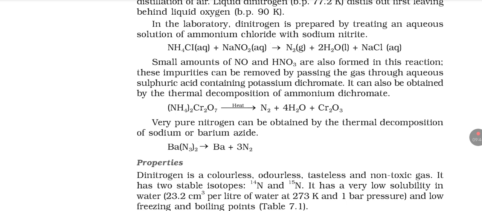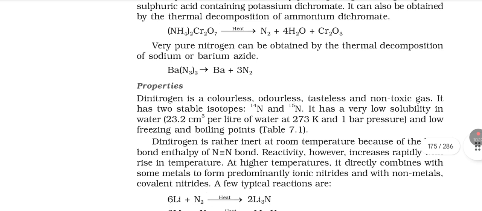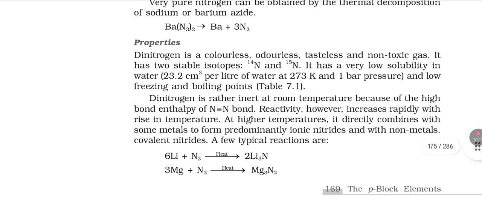Small amounts of NO and HNO3 are also formed in this reaction. These impurities can be removed by passing the gas through aqueous sulfuric acid containing potassium dichromate. It can also be obtained by thermal decomposition of ammonium dichromate. Very pure nitrogen can be obtained by thermal decomposition of sodium or barium azide.